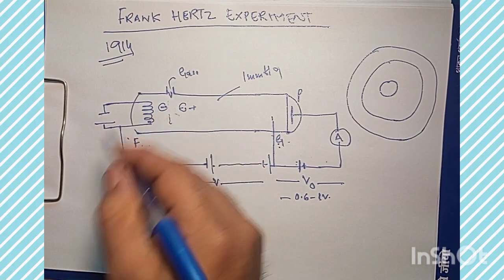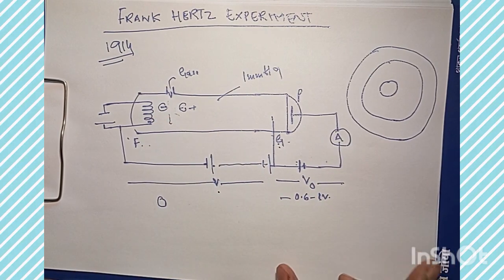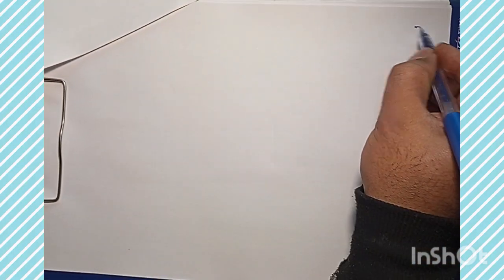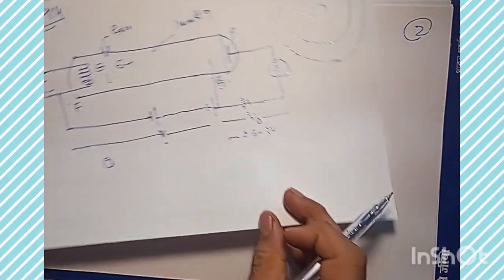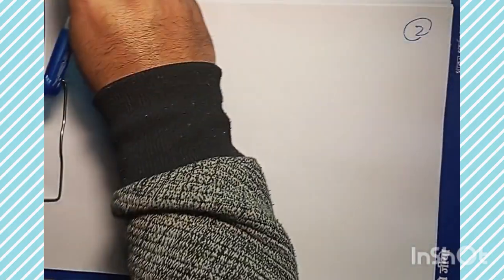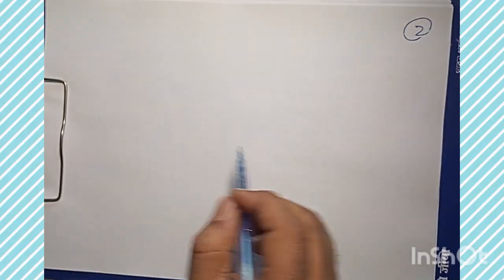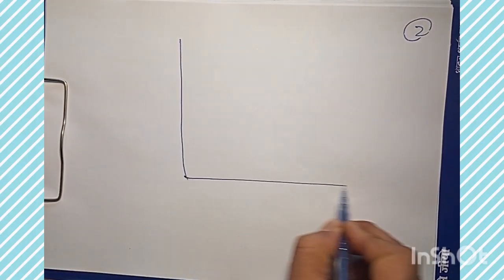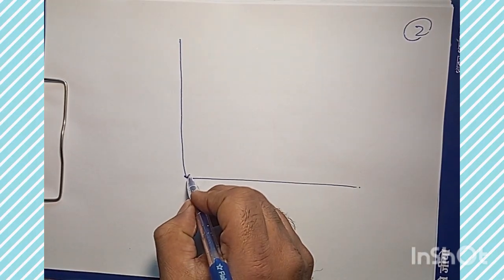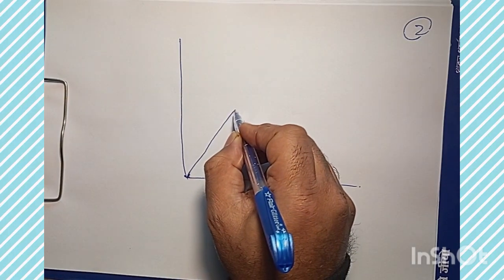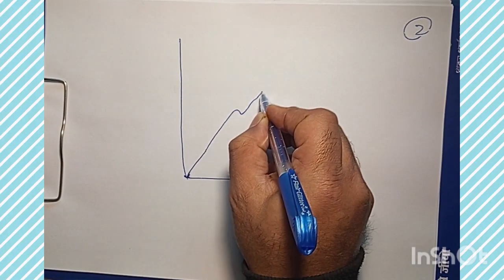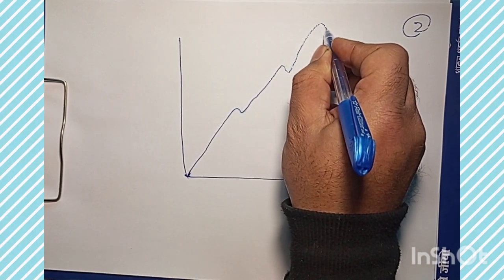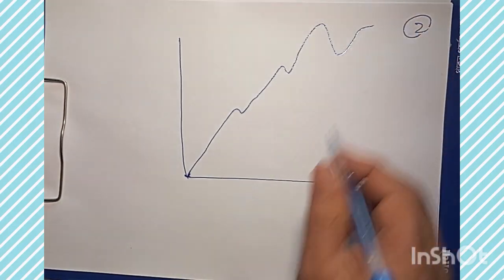The curve that we obtain by taking the measurements looks something like this. We have the current, then it goes down, then it goes up, then it goes down, then it goes up, and then down, and then up.